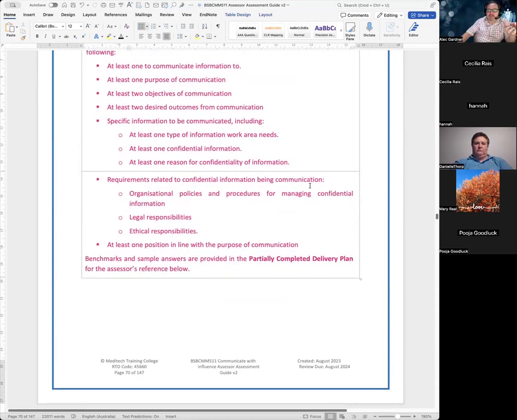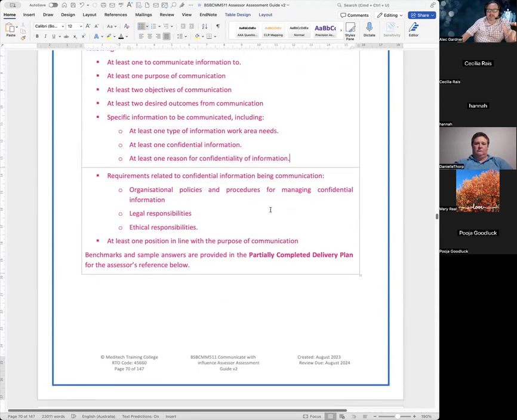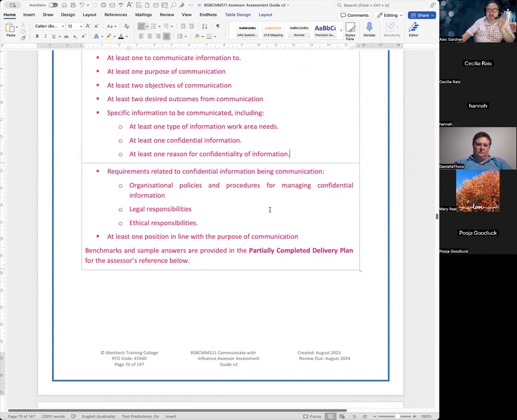The requirements related to confidential information being communicated. Organisation policies and procedures for managing confidential information. You're going to be working on that. Your legal responsibilities for maintaining things like privacy. What are the ethical responsibilities?